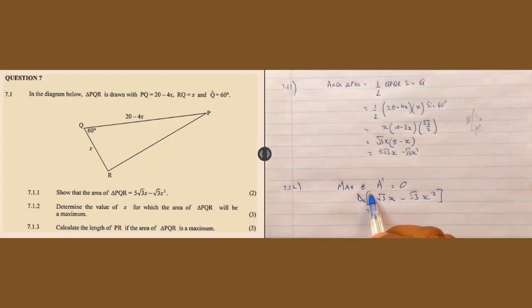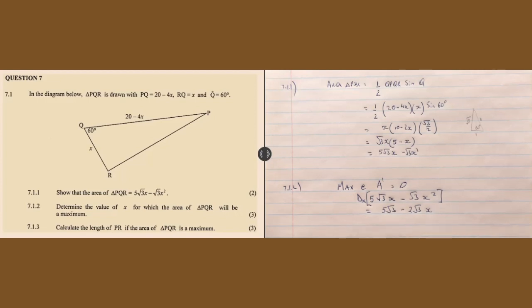Right, so this is our coefficient of this term, which has x, and if we derive, this one has a power 1, so we multiply just that. So we are going to get 5 root 3. Then the x disappears. Then what about this one? We simply multiply that. So what are we going to get? 2 root 3x, isn't it? So this is our derivative now.